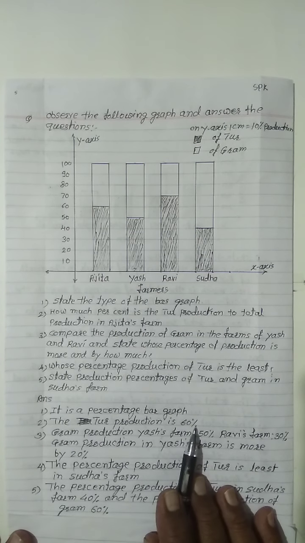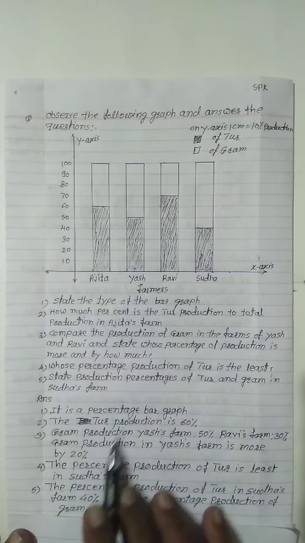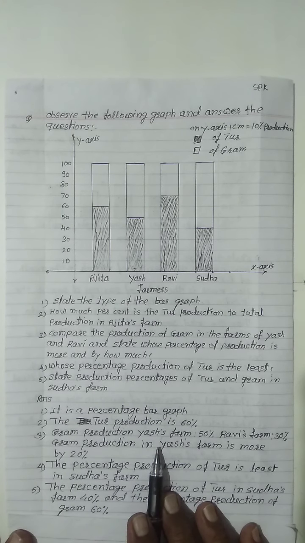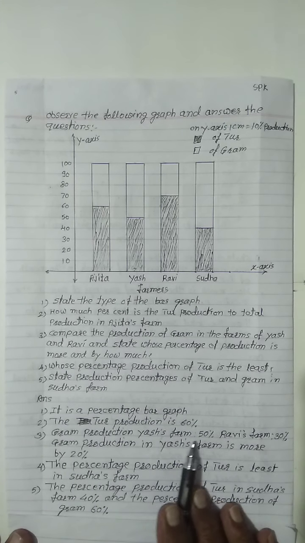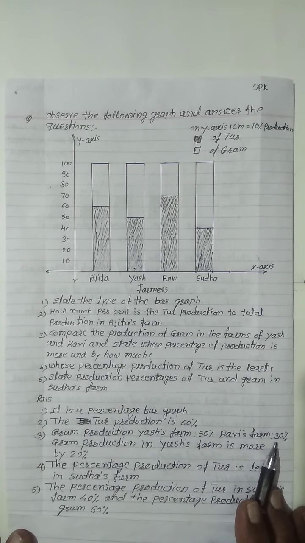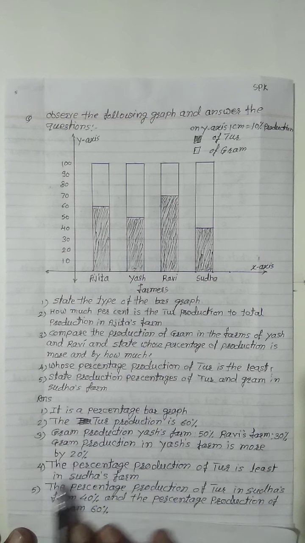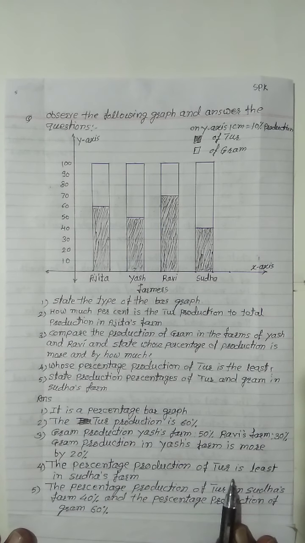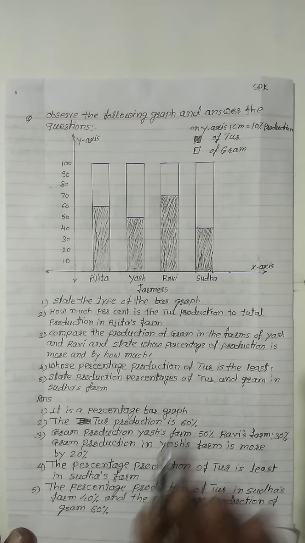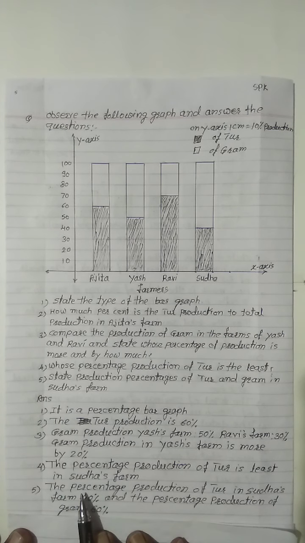The tur production is 60% for the second question. Gram production of Yash's farm is 50%, Ravi's farm is 30%, and the difference between these two is 20%. The percentage production of tur is least in Sudha's farm. See the least production of the tur.